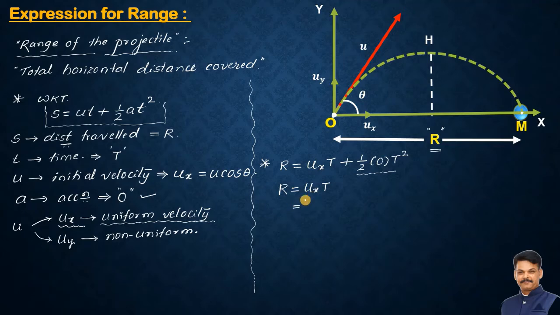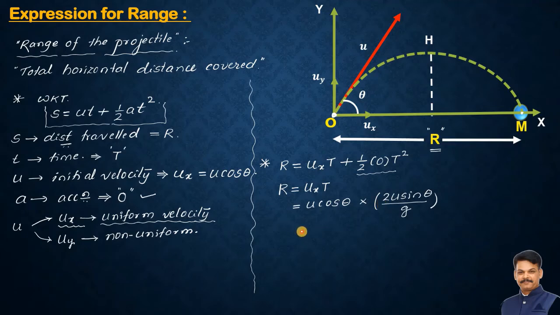Now, we know what is the value of Ux. Ux is nothing but U cos theta, and from our previous derivation we know the expression for the time of flight. It is 2U sin theta divided by G, isn't it?